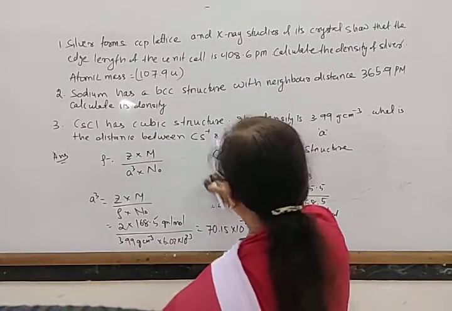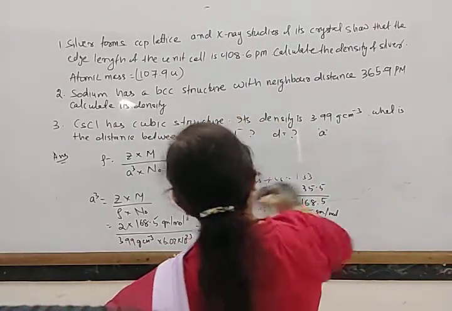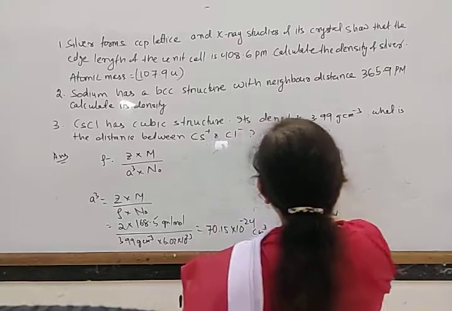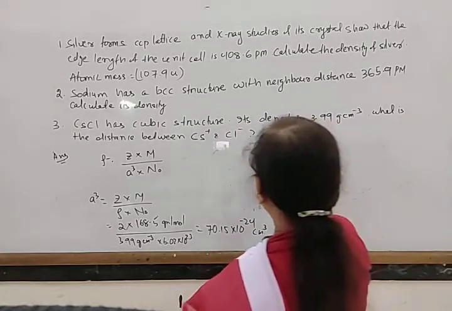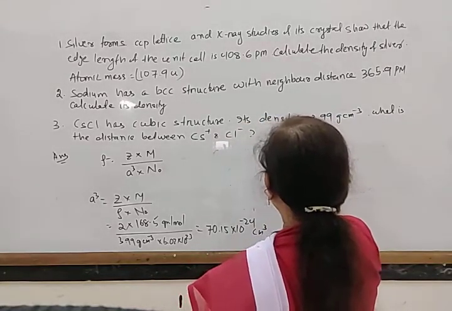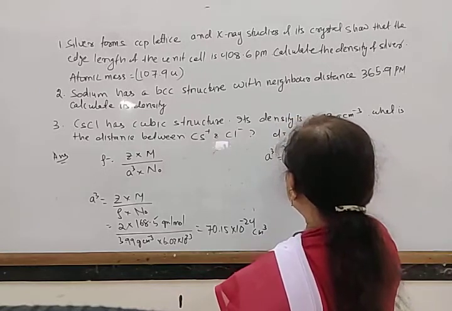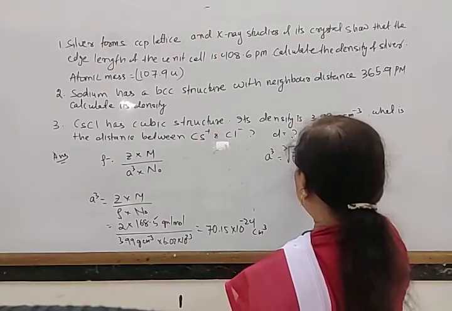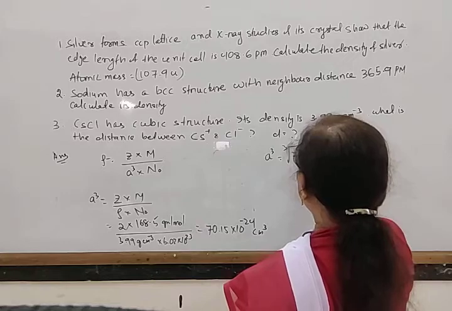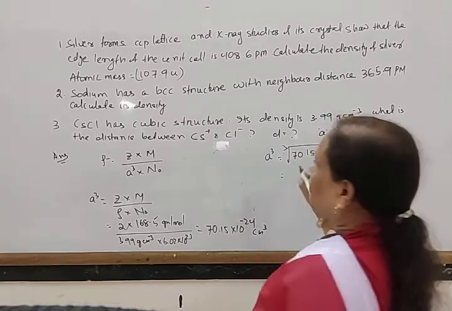And after that, find out what A is. So A equal to cube root of 70.15 into 10 to the power minus 24.